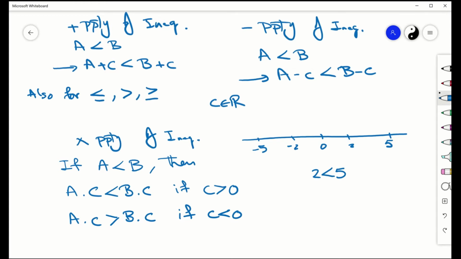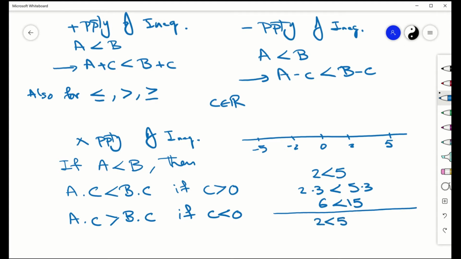Now watch what happens if we multiply both sides by 3. So we'd get 2 times 3 is less than 5 times 3, 6 is less than 15. That's true. So notice if you multiply both sides of an inequality by a positive number, the direction of the inequality remains intact.